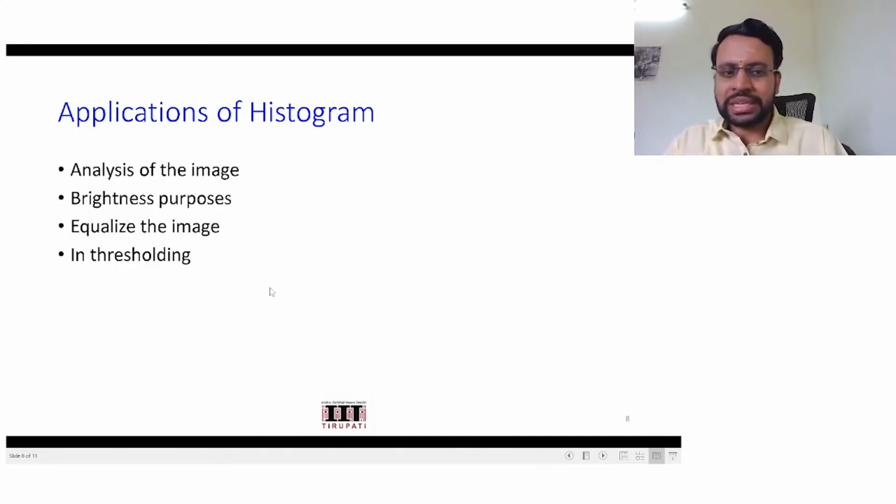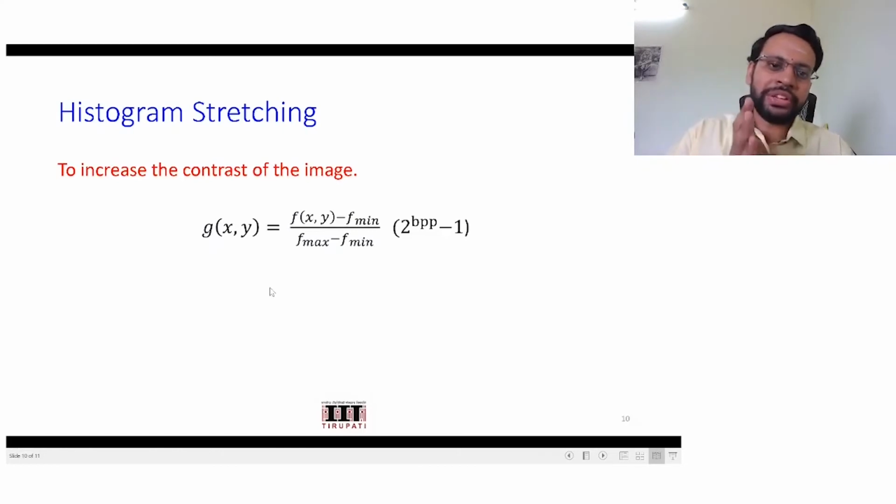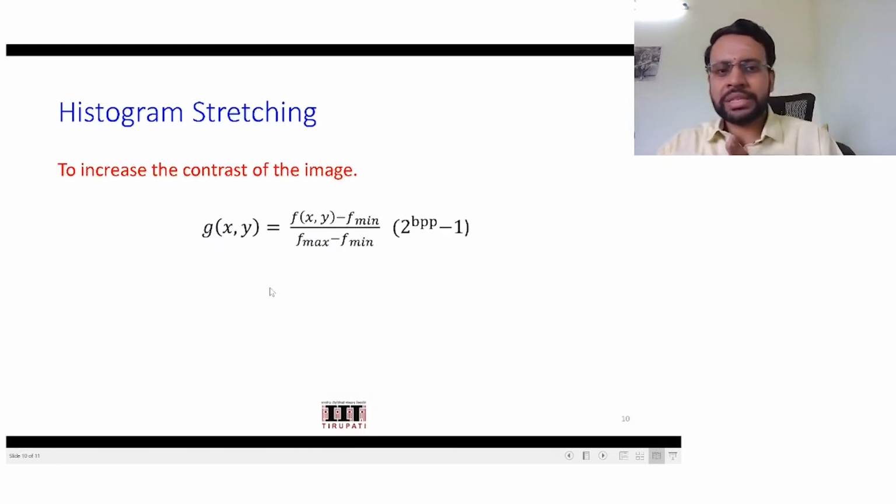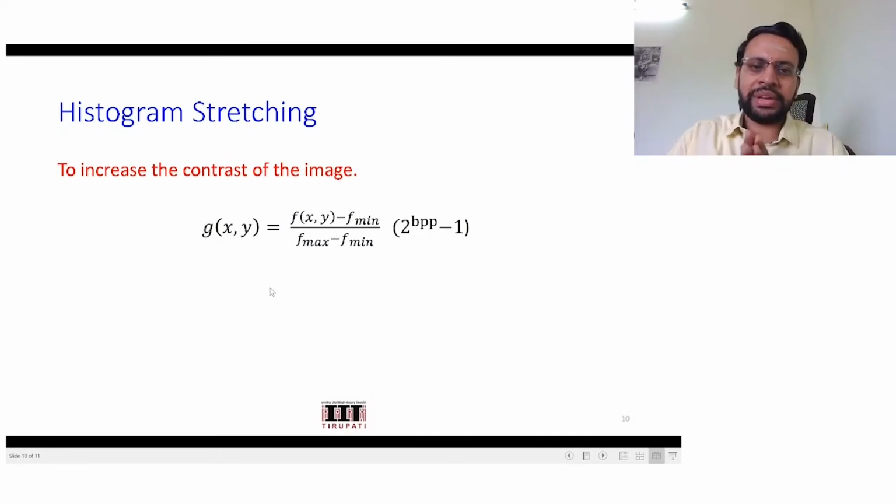You could think of histogram stretching as a generalization, in a way, of what we have seen as histogram sliding. Now consider the case where your intensities are concentrated around just one region. That's equivalent to an image with low contrast.